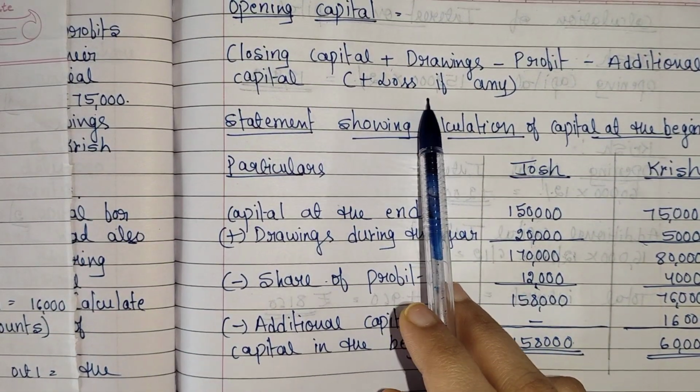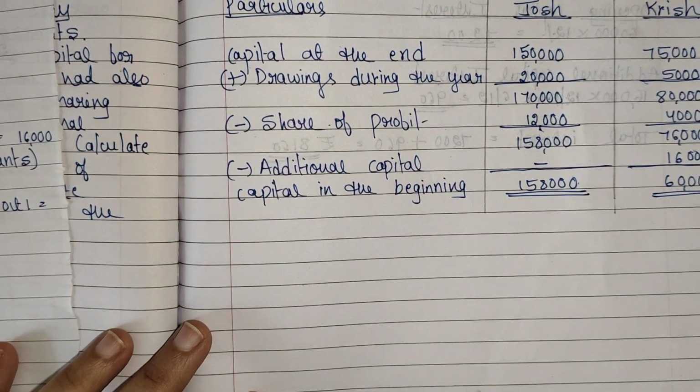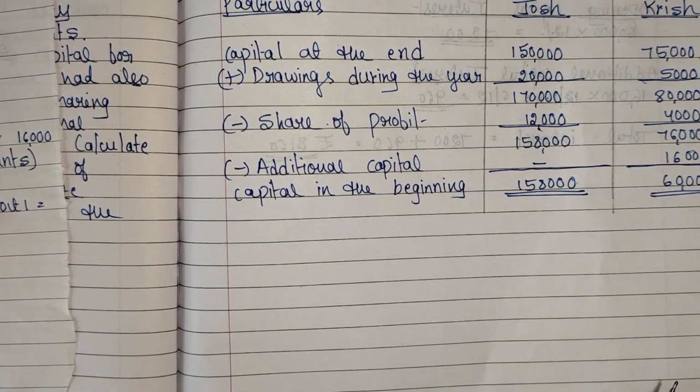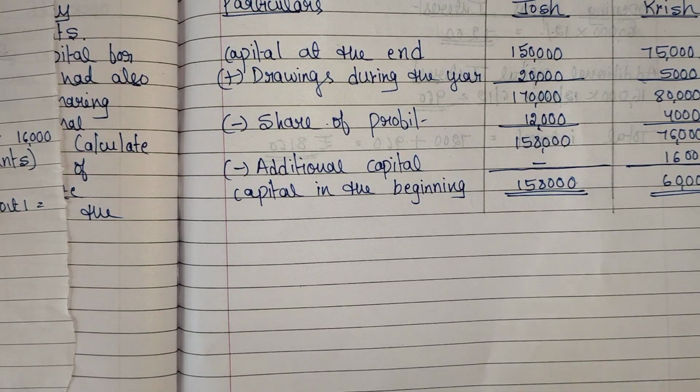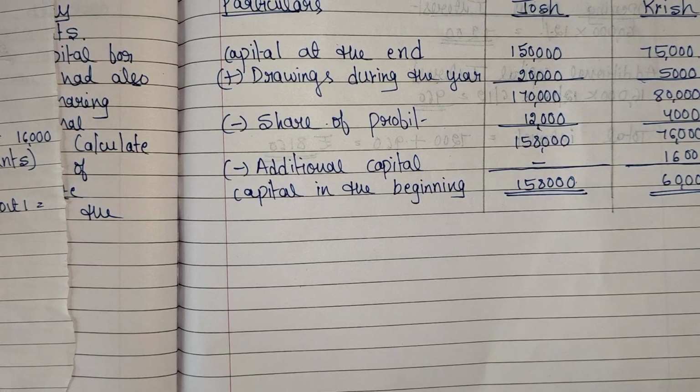If there is any loss, what we have to do? We need to add. If there is profit, we need to deduct. Clear? So I hope this is clear to you all. In this way, we need to calculate the capital at the beginning. We just need to reverse the effect of all transactions that happened during the year. Clear?